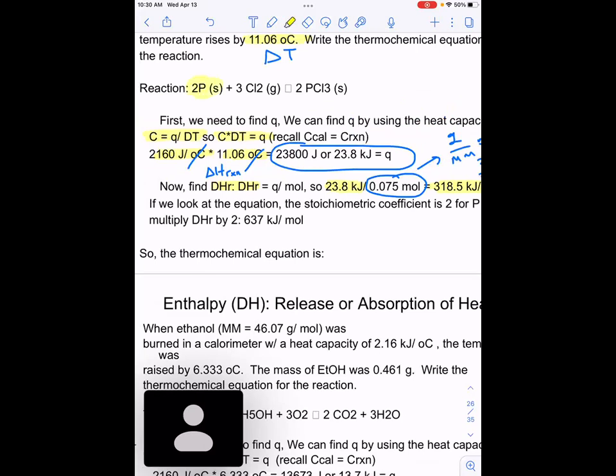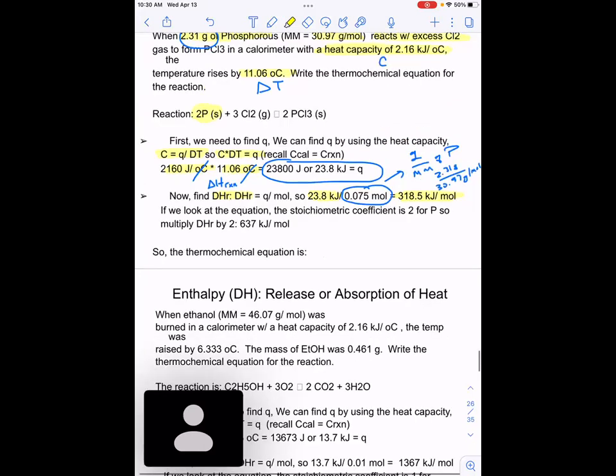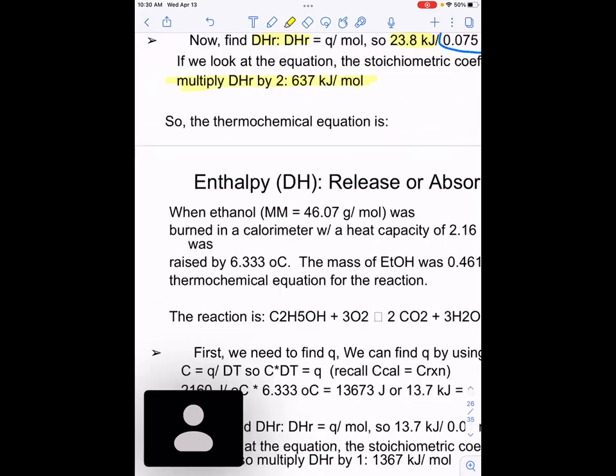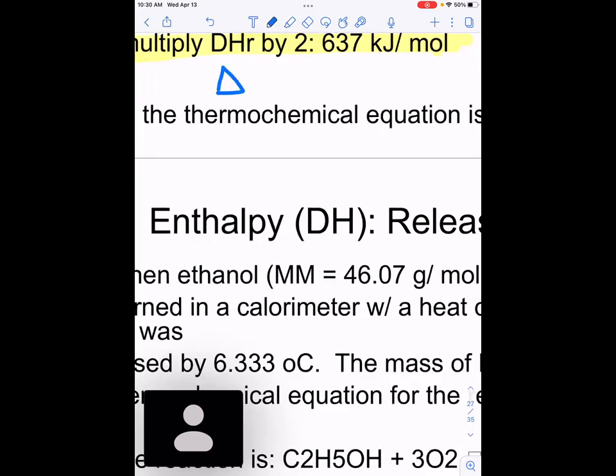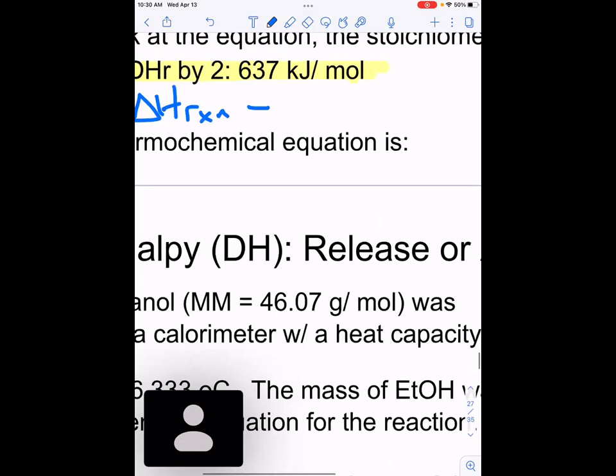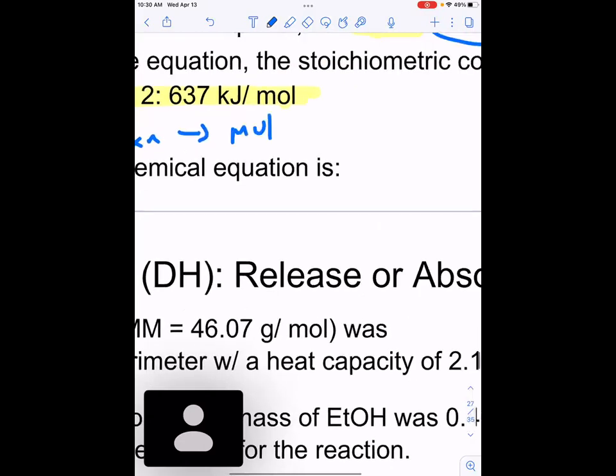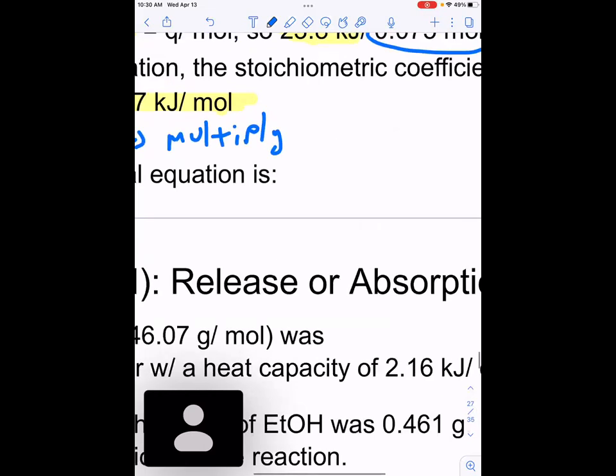And so since this is a state function, we have to take that 2 and multiply the enthalpy that we calculated. We have to multiply it by 2 to get the correct number. So we're going to multiply.